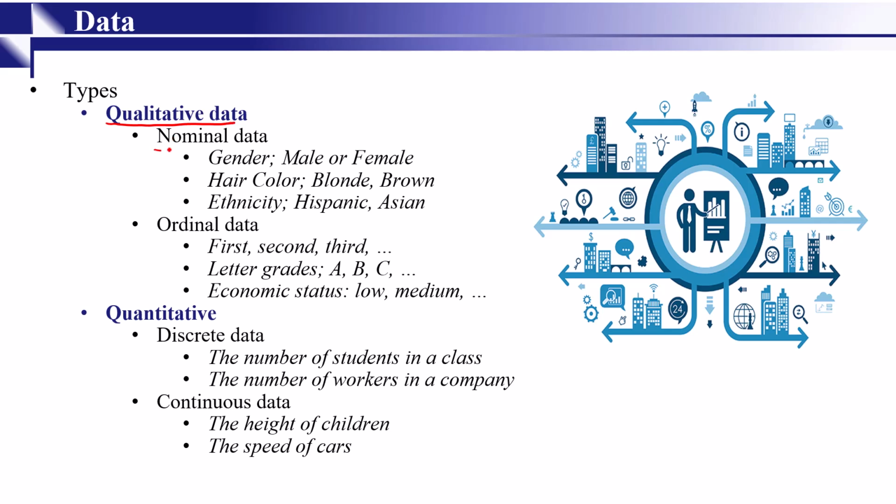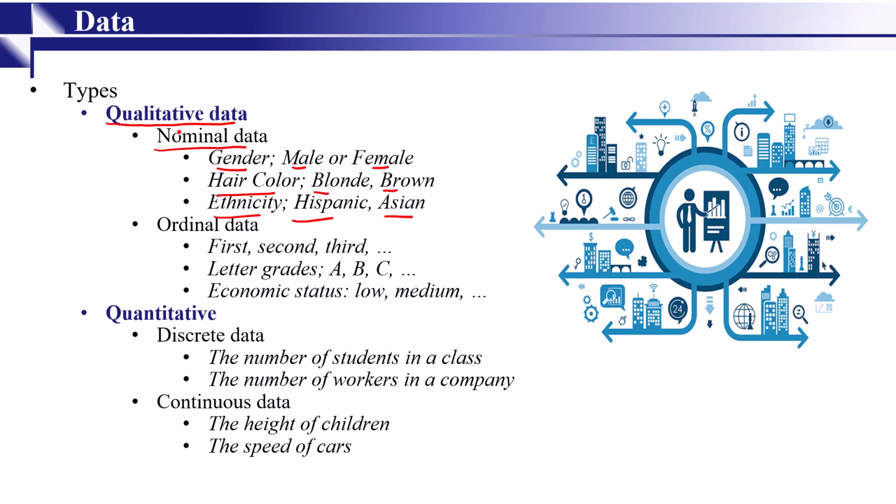For example, nominal data. These are categories with no inherent order. For example, gender, male or female, hair color, blonde, brown, white, ethnicity, Hispanic, Asian, black, white, something like that.